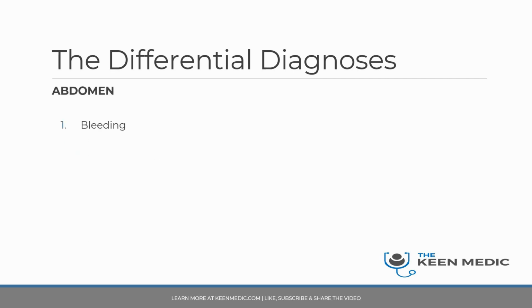In the abdomen, there's only really one thing that you should be thinking about which can cause loss of consciousness, okay? Most other things like infections or space-occupying lesions don't usually cause loss of consciousness in the abdomen, all right? So the bleeding thing that you need to think about in the abdomen is always the aorta.